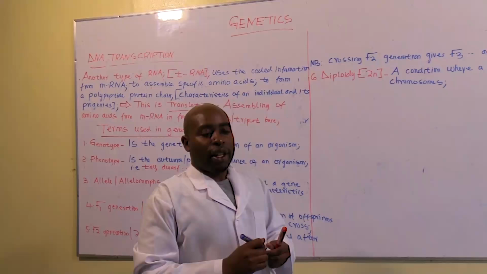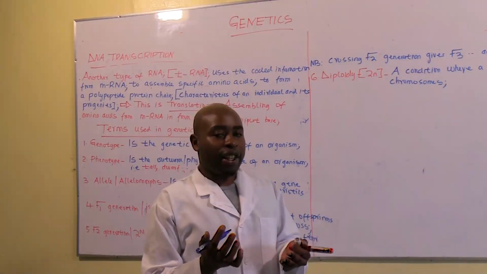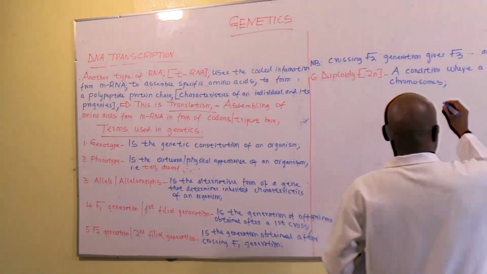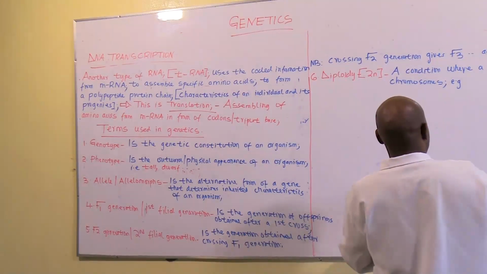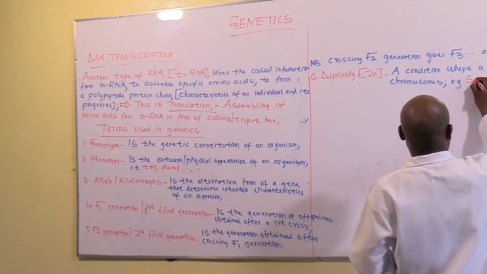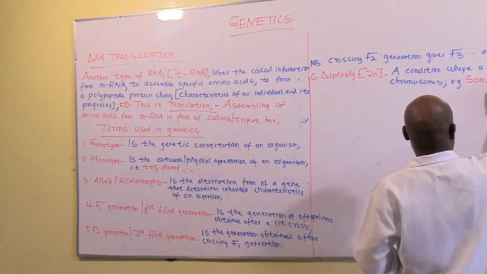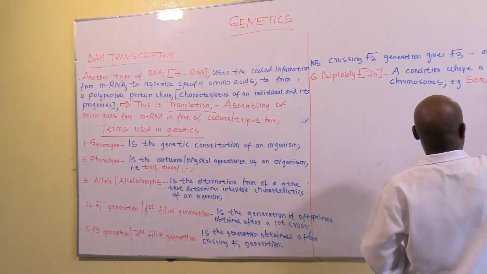So normally, the diploid forms are the somatic cells. E.g., the somatic cells have diploid number of chromosomes. Somatic or the body cells.